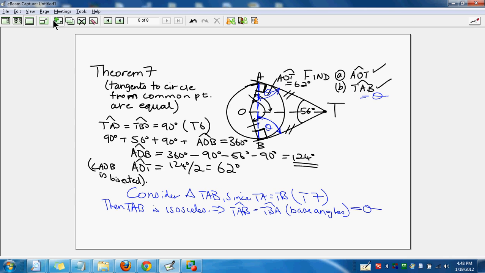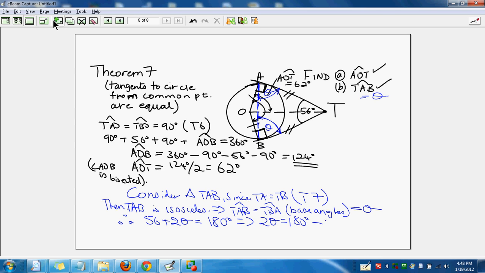Therefore, if we add up 56, theta and theta, which is 2 theta, we must get the total angle in any triangle, which is 180 degrees. So 56 plus 2 theta is 180 degrees, which means then that we could solve for theta by saying 2 theta would be equal to 180 minus 56.